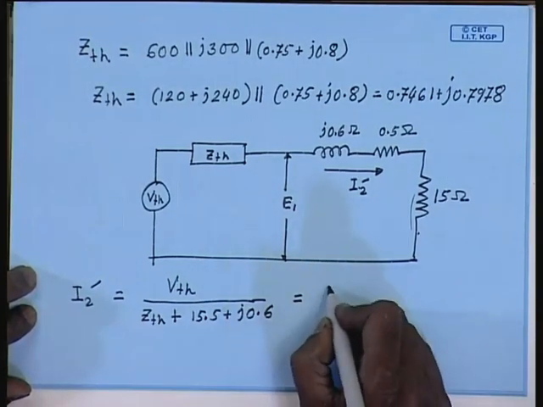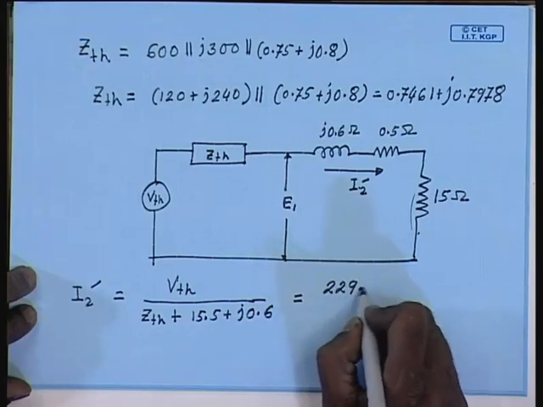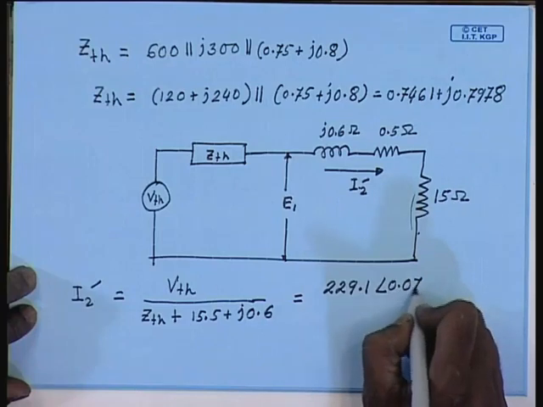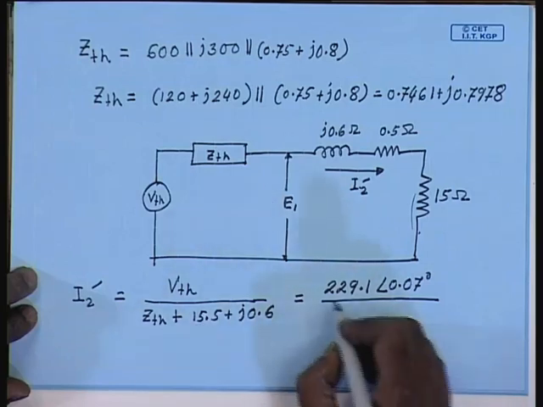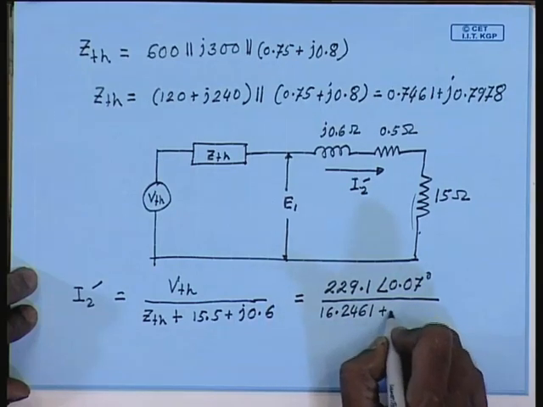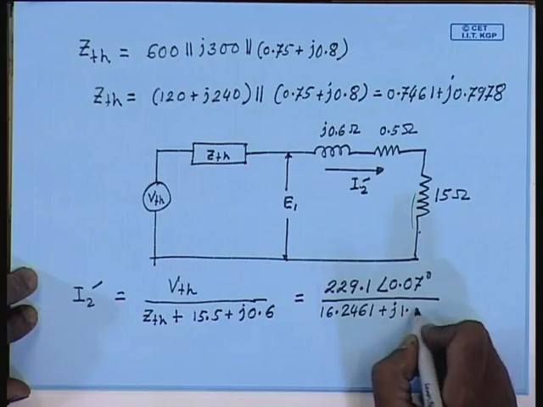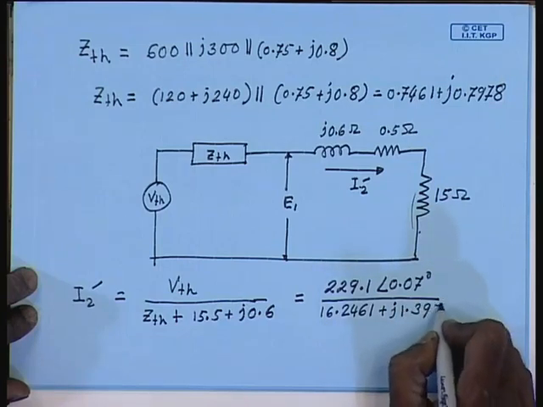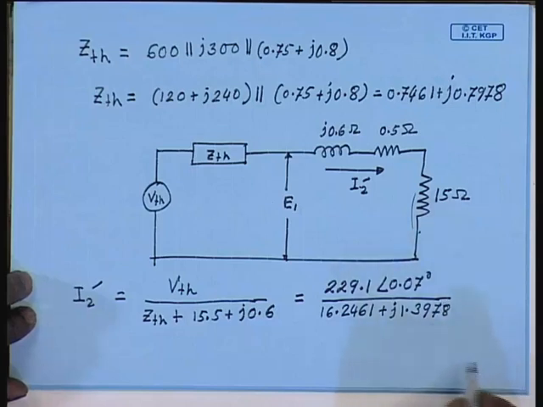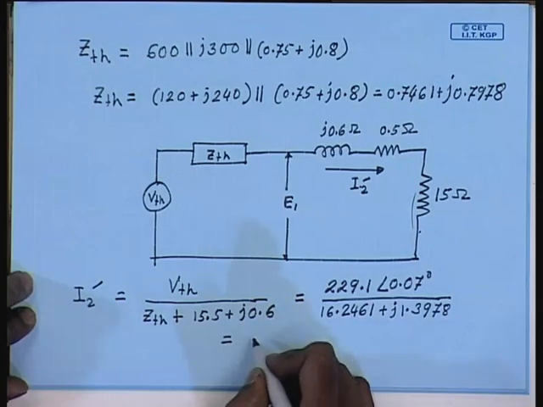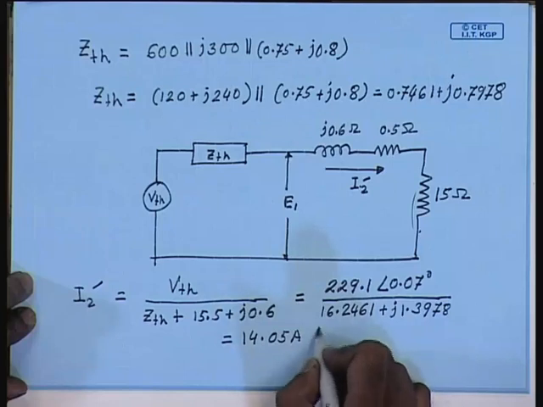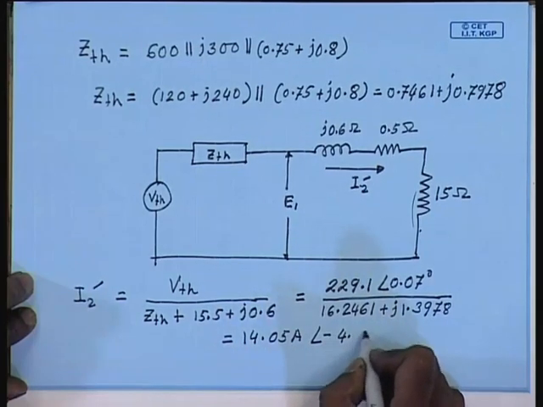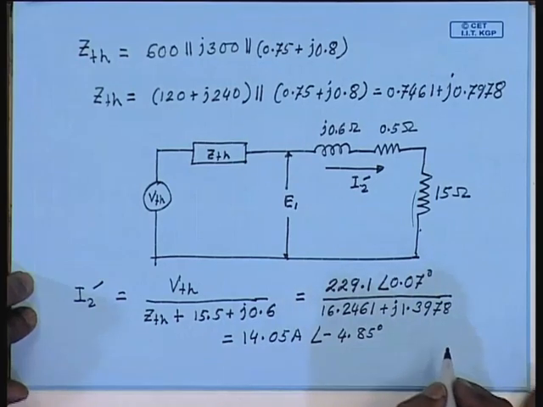This will be equal to 229.1 angle 0.07 degrees, that is what we have found for VTH previously, and the total impedance will be 16.2461 plus j 1.3978, and this comes to be 14.05 amperes at an angle of minus 4.85 degree with respect to the primary applied voltage.